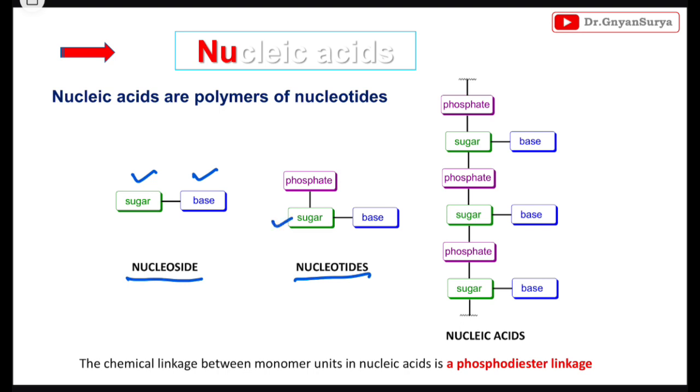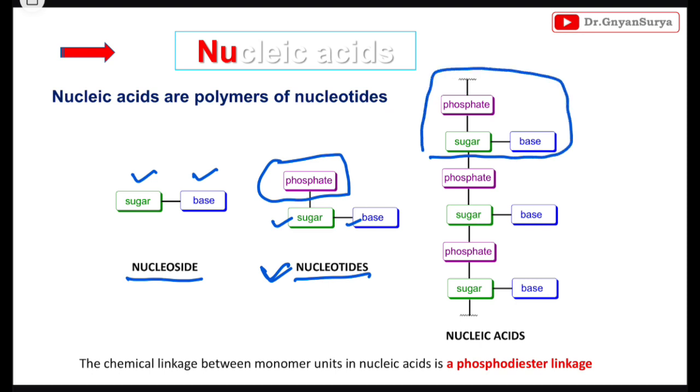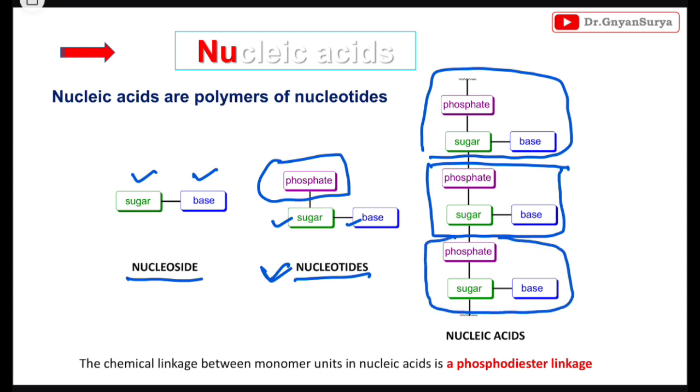Nucleotide is sugar and base, which are common between nucleoside and nucleotide, plus an extra phosphate group, right? The overall combination of sugar, base and phosphate group makes nucleotides, and nucleic acids are the repeating units where nucleotides form the nucleic acid.